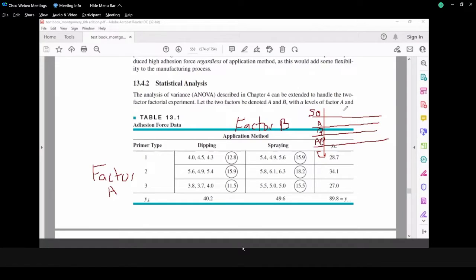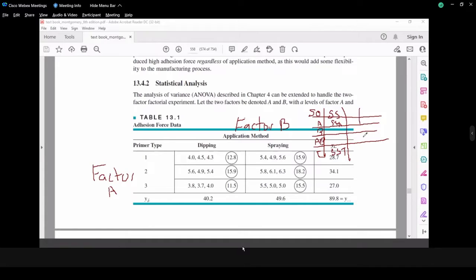Remember here, right? Sum of square, SSA, SSB, and then you have sum square total, SST.